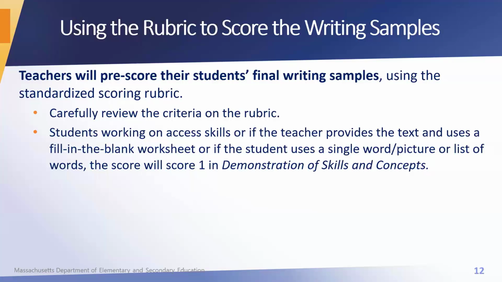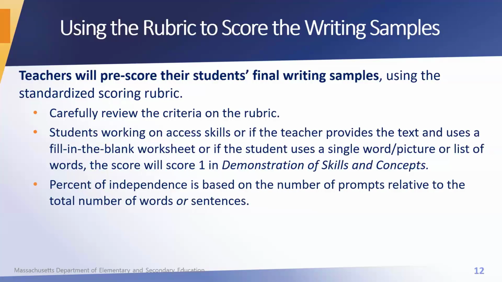You've provided all the text, or maybe you've given them a fill in the blank worksheet, or perhaps they just use a single word, like you write a sentence, my favorite color is, and they fill in that single word. Any of those will score 1 in the demonstration of skills and concepts. So that whole row will be 1, all 4 areas.